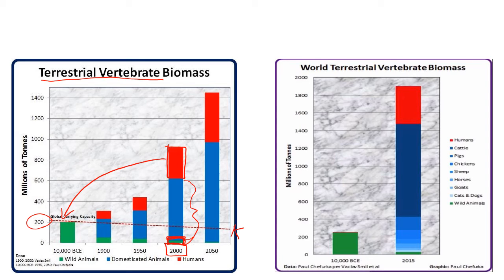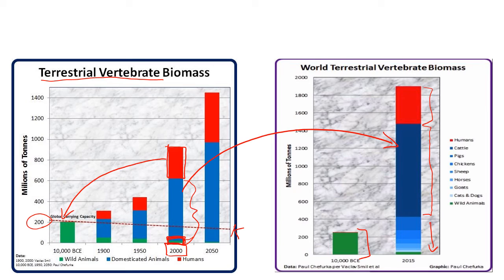Okay, if we want to see what that biomass is, what it's represented by, we can use this graph on the right. So humans, again, in red, occupy about as much or even more total biomass than all wild animals and humans did 10,000 or 12,000 years ago. Okay, cattle are the vast majority of our domesticated animals in terms of biomass, and then pigs, chickens, sheep, horses, goats, cats, and dogs in descending order.